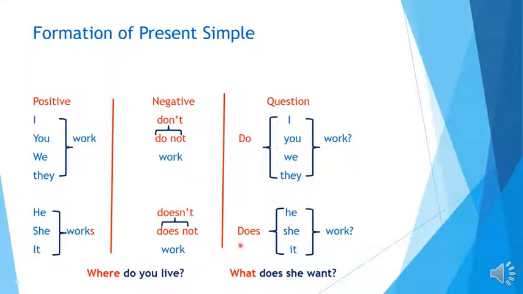Where do you live? And what does she want? What does she want? Right? So you understand the point now, I hope. So when you are using a question word, you have to use that at the very beginning, before does and do. Where do you live? What does she want? Right. Hope you are getting everything.